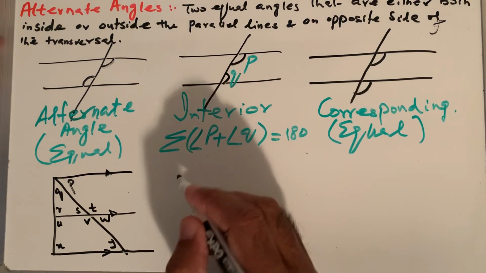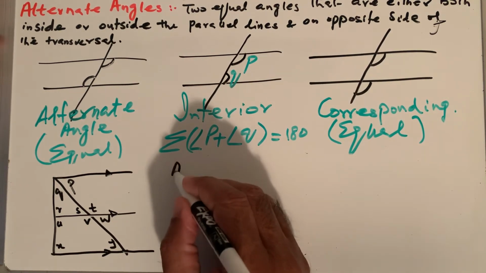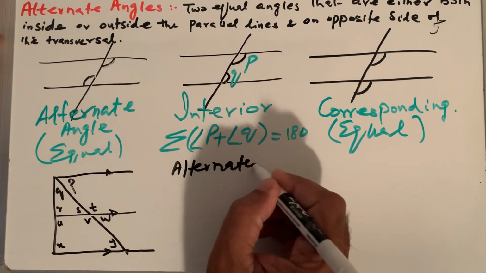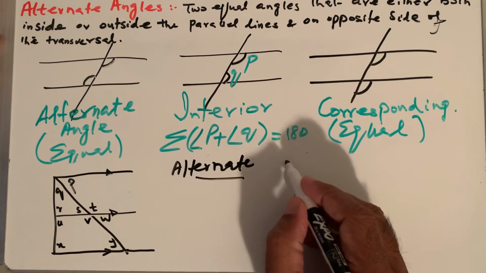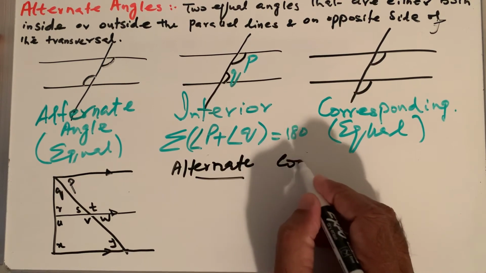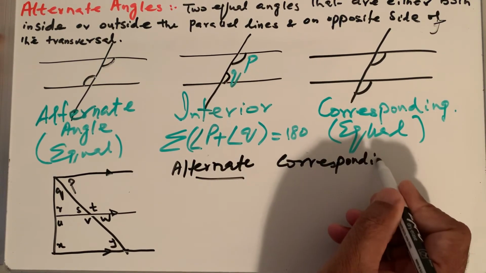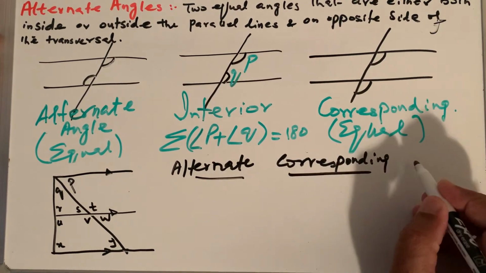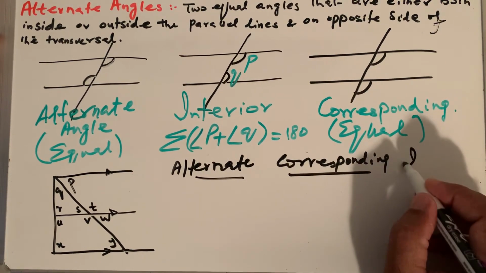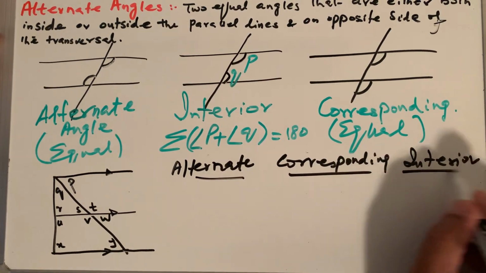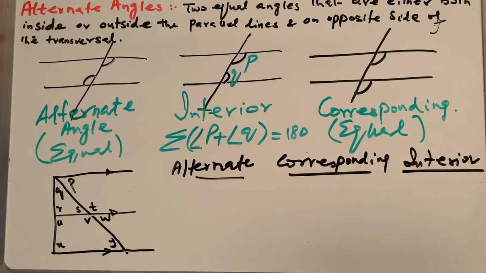So can we see here what the alternate angles are? First alternate angles, then we will see some of the corresponding angles, and then some of the interior angles in this diagram. A question can be asked in any way. Let's find out the alternate angles.